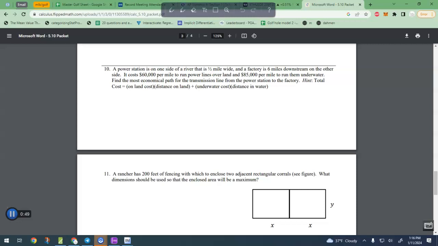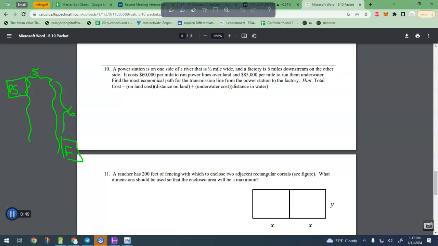Power station. Power station. River is 0.5. 6 miles downstream is a factory. Okay.